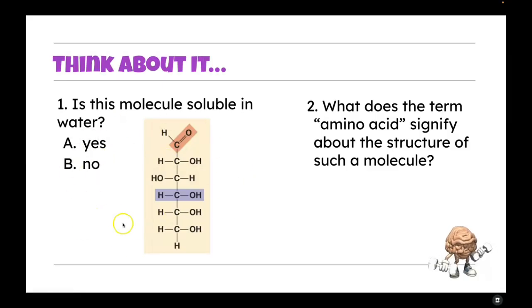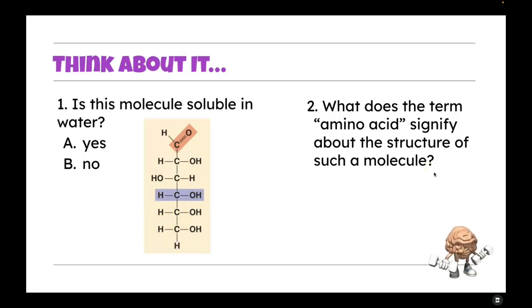The answer here is yes, because you can see that there's OH. Because of these hydroxyl groups, it's polar and hydrophilic. Remember that anything that's polar is hydrophilic, so it is going to be able to dissolve in water.